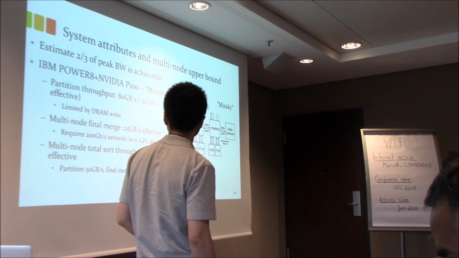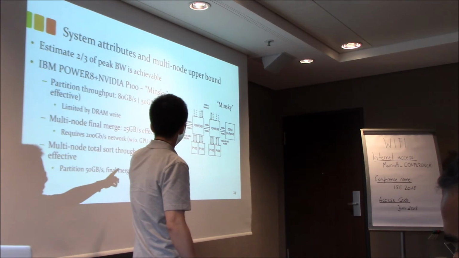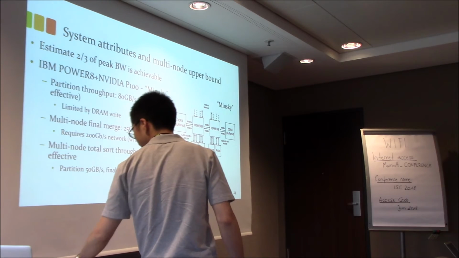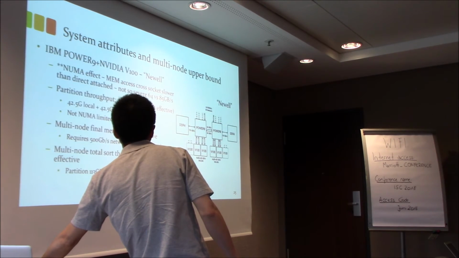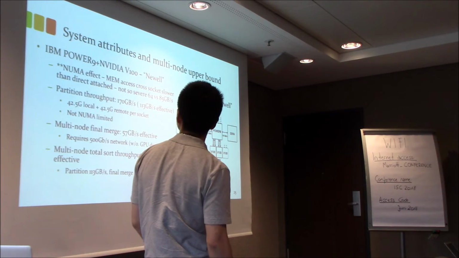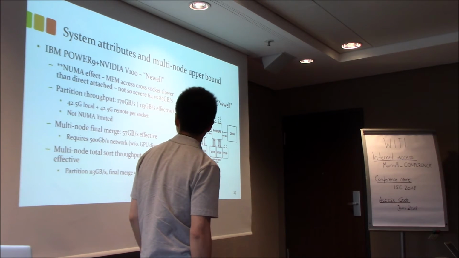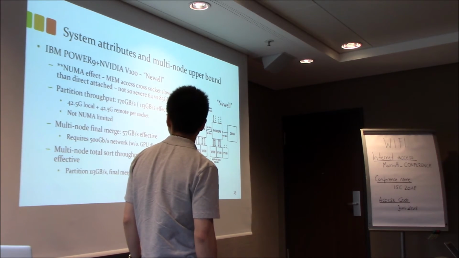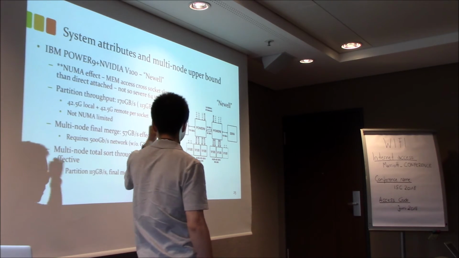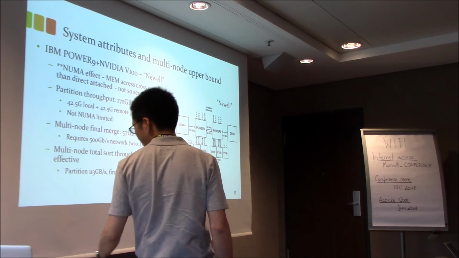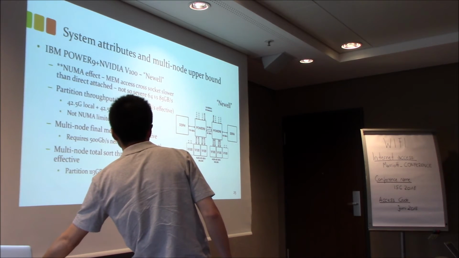On Power 8, we estimate that we can achieve 18 gigabytes per second effective. On the Power 9 system, similarly, we estimate that we can achieve 38 gigabytes per second. This is due to not having GPU Direct.